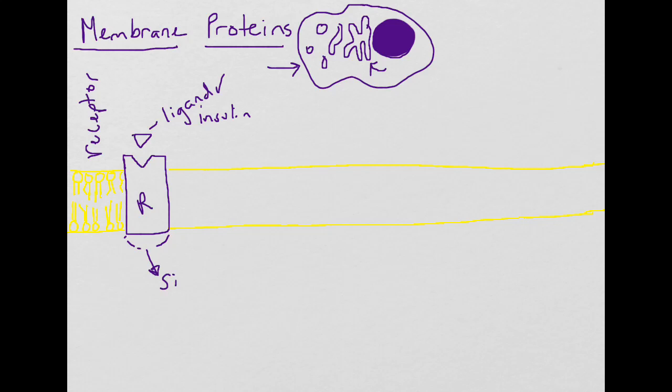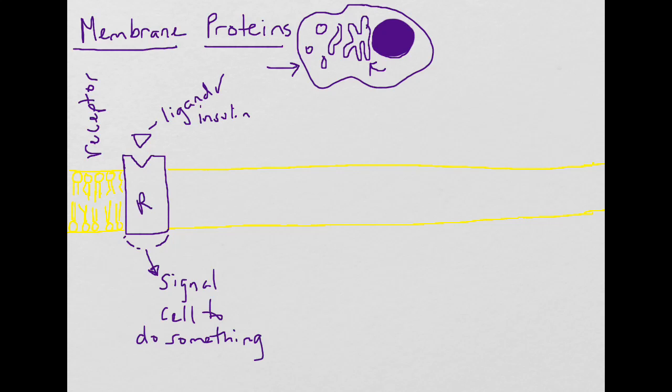It will signal the cell to do something. In this case, with insulin, it's going to signal the cell to take in glucose, so the cell can use it for energy. So that's a receptor protein.